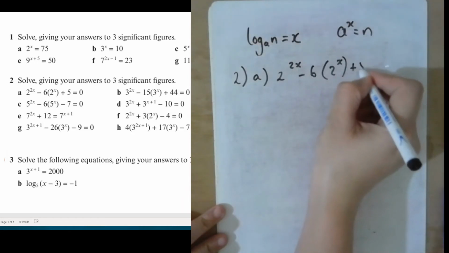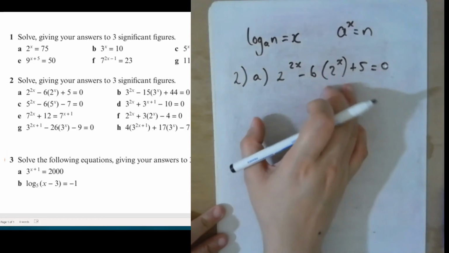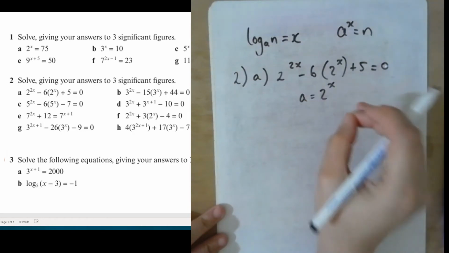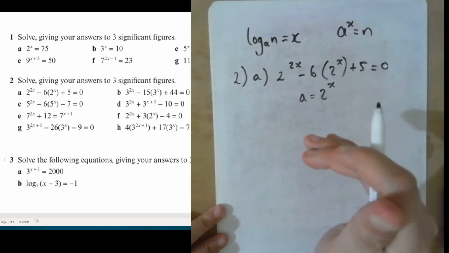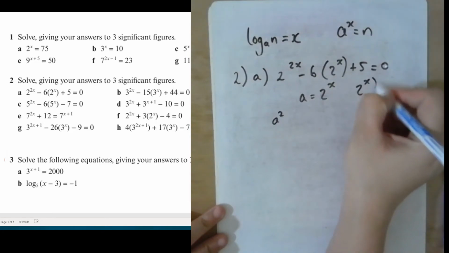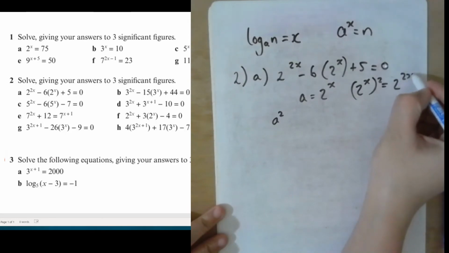They've made this quite easy for you by popping it into brackets, which already kind of gives you the clue. So I'm going to substitute 2 to the power of x as a instead. This will then be a squared, because 2 to the power of x, squared, is 2 to the power of 2x.